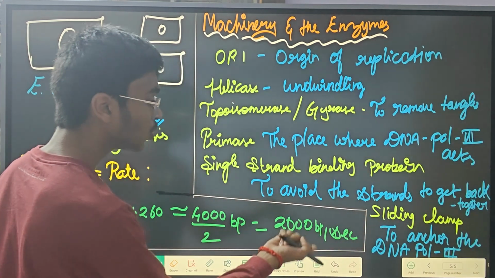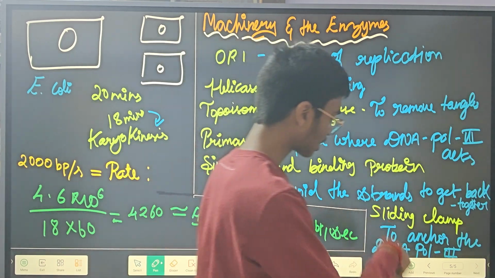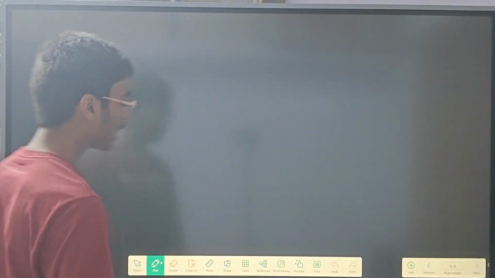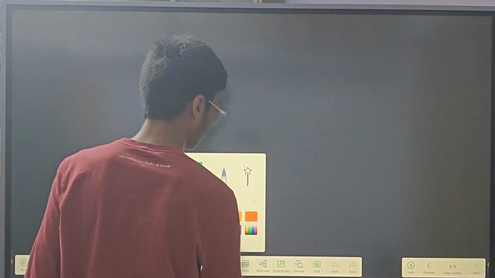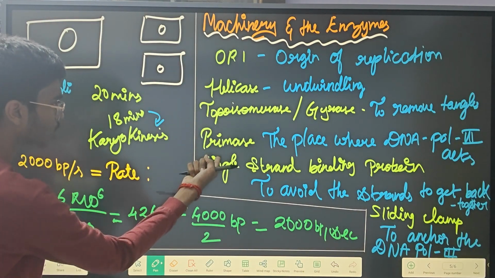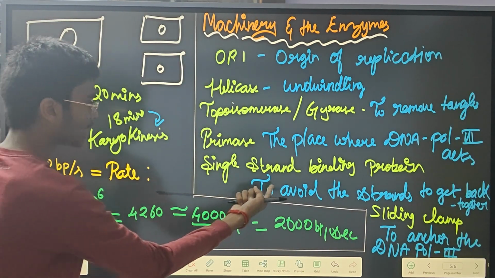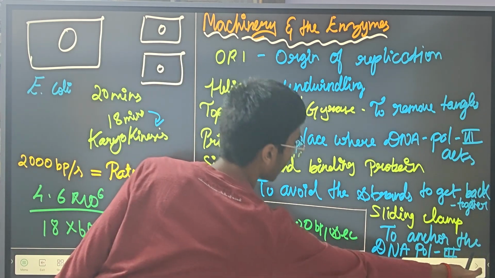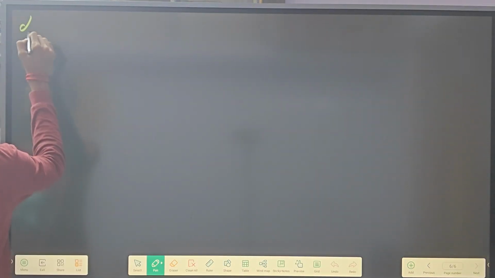Before this sliding clamp, see, it is written in a sequence. First RNA, next helicase, next topoisomerase, gyrase, next primase, next single strand binding protein. Then next we will be having DNA polymerase.